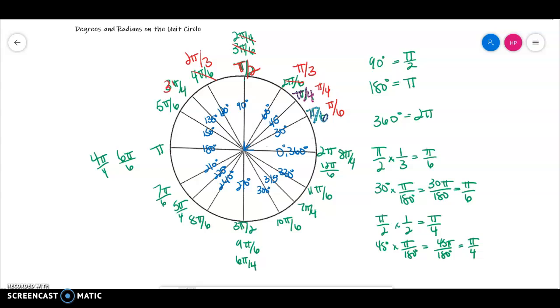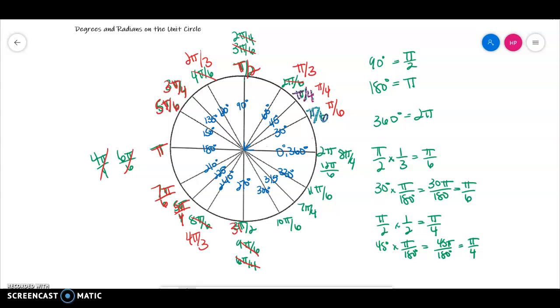3 pi over 4 stays. That's reduced. 5 pi over 6 stays. That's reduced. Pi stays. 7 pi over 6. 5 pi over 4. 8 pi over 6 becomes 4 pi over 3.